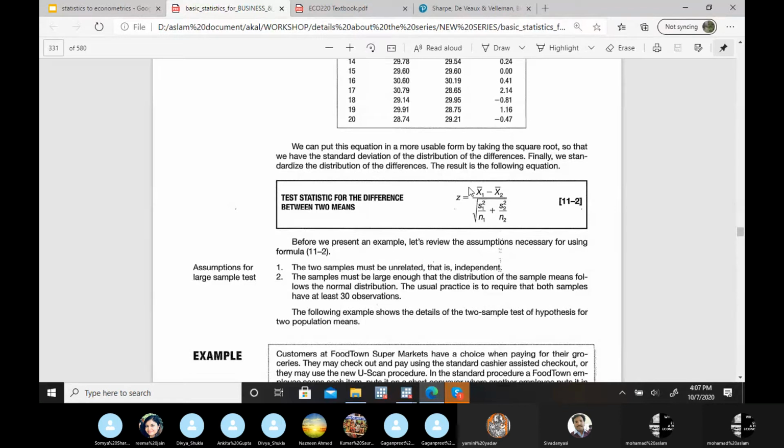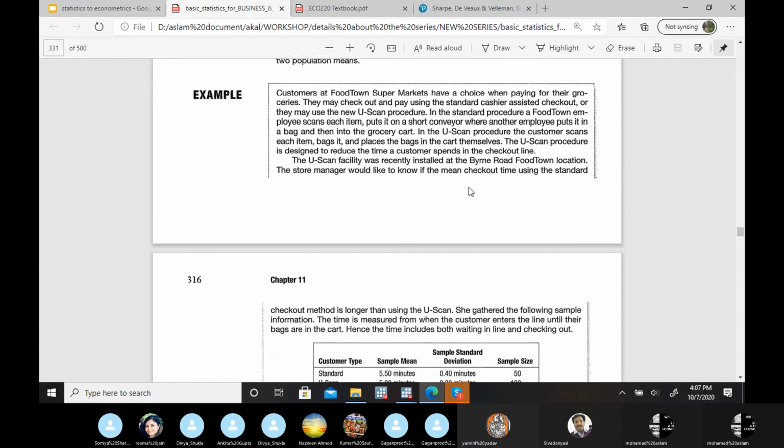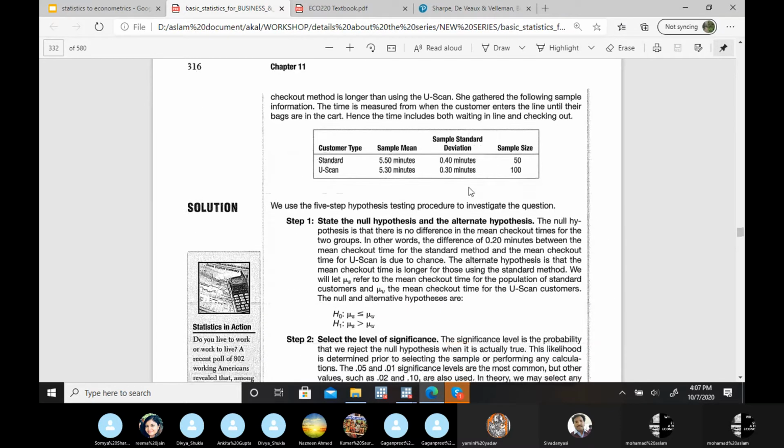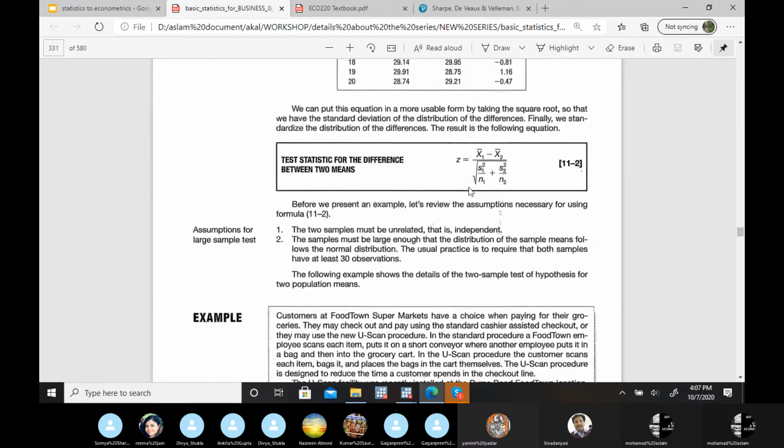Now it's a comparison between the groups, the mean of one with the mean of another. In the denominator, the formula will get changed. Now you need information about the standard deviation for both the groups. So let's take this particular example first.